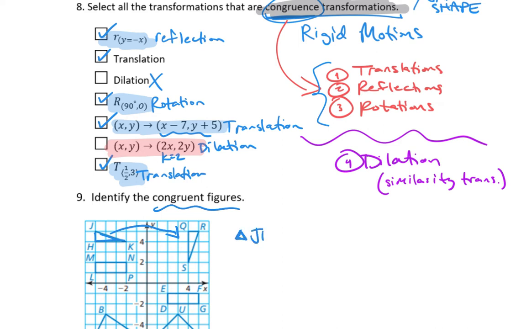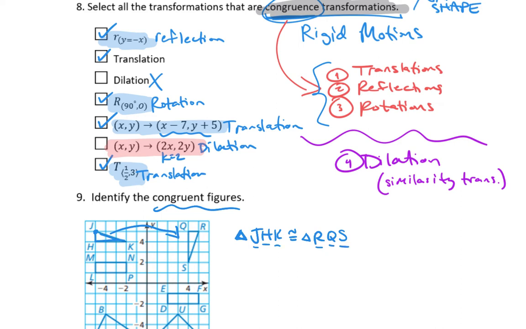So I'll say JHK is congruent to, and then I got to say what point matches J. After a rotation of 90 degrees clockwise or 270 counterclockwise, J would line up with R, H would match up with Q, and K would match up with S. So the order matters. J had to match up with R, H with Q, and K with S.